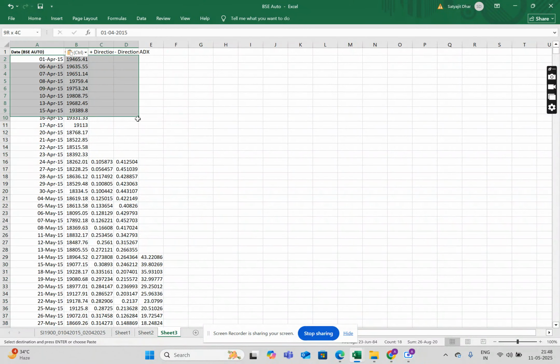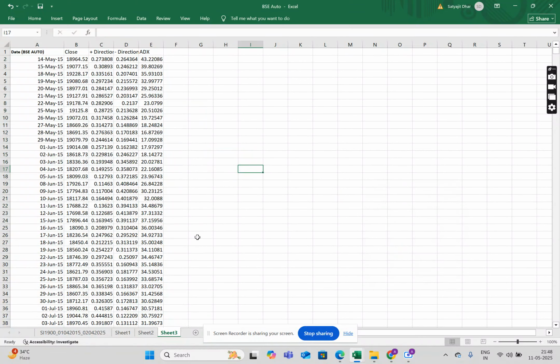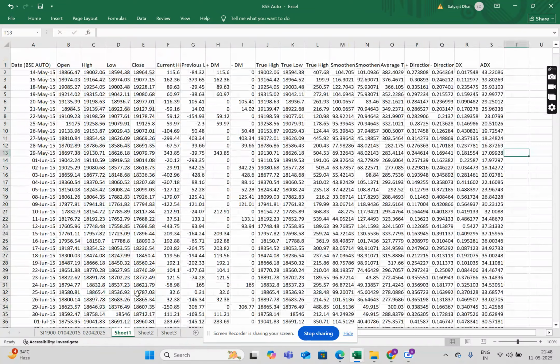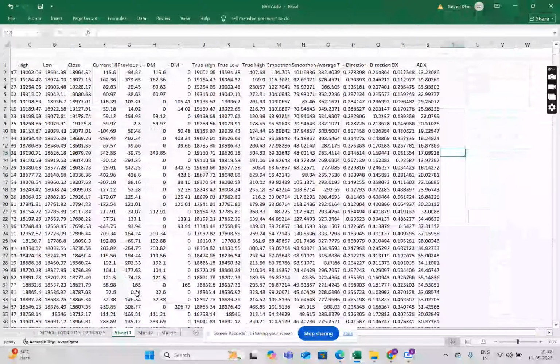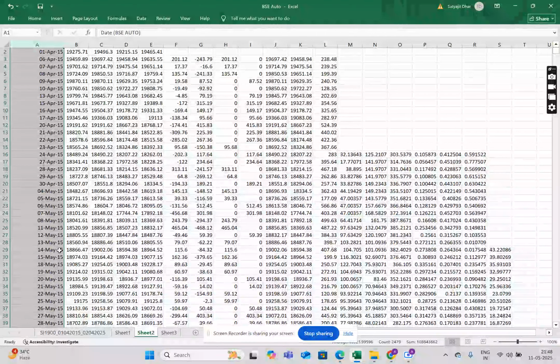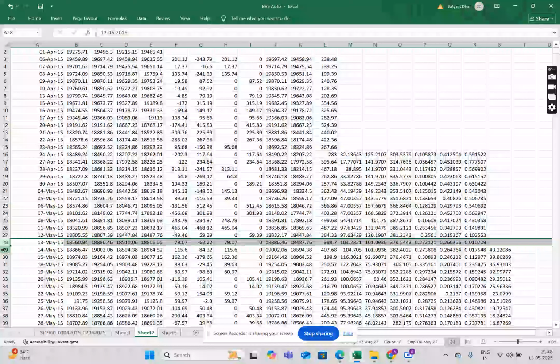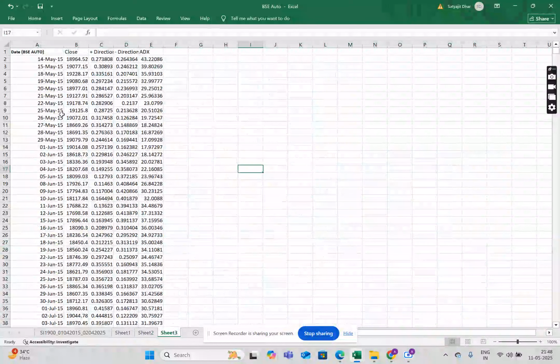And let me just delete these cells. Sorry, this was our data set, and we were doing from 14th May, and here we are at 14th May.